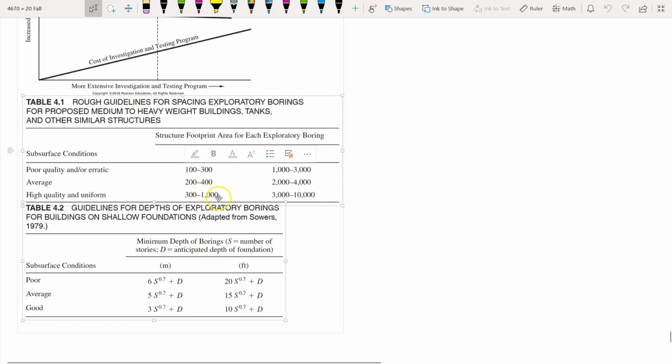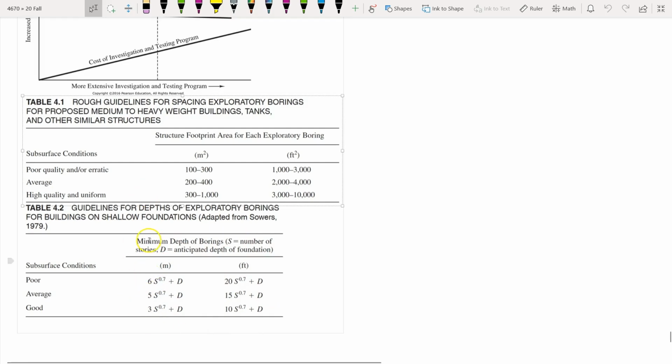But if you have a very homogeneous site, then you may have fewer boreholes, or fewer CPT or SPT that you need. And they also give you rough guidelines on how deep you need to go.